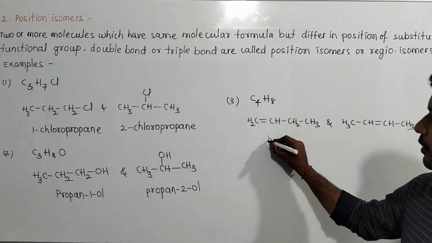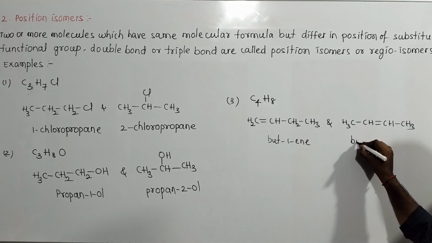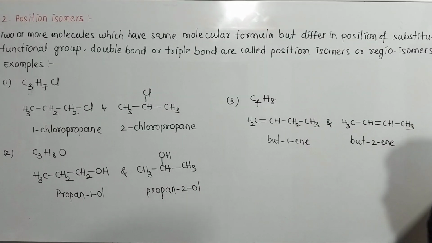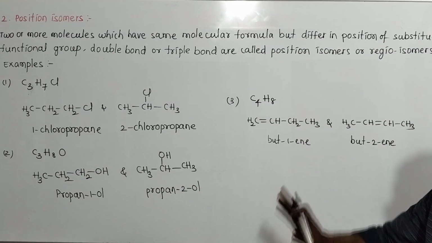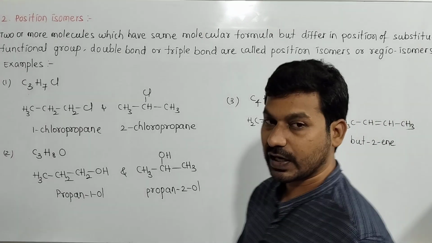So this is but-1-ene, and this is but-2-ene. But-1-ene and but-2-ene are position isomers. So the position of the double bond is different. Thus we write position isomers.